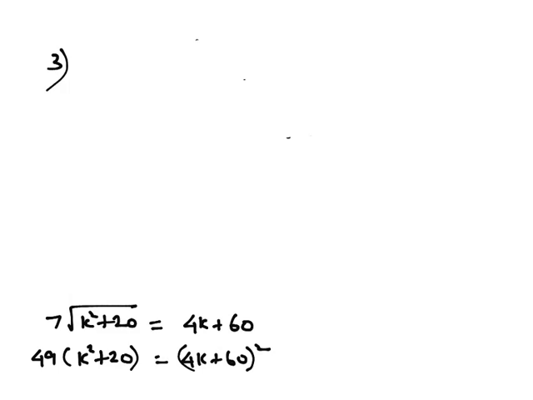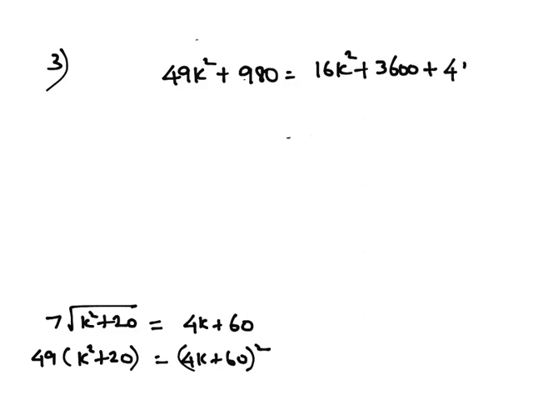So I'll get 49K square plus 980 equals, if I expand it, 16K square plus 3600 plus 480K.